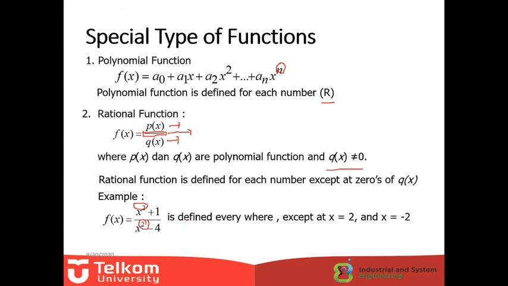So this will be defined, yeah, except when the condition x equals 2 and also x equals minus 2. Yeah, because when x equals 2, this should be 0, so undefined. x equals minus 2 also, this will be 0, so undefined. Okay, so the domain should be all the real numbers except 2 and minus 2.